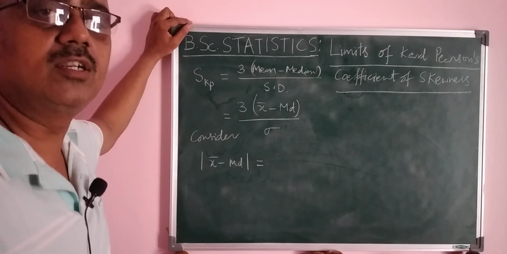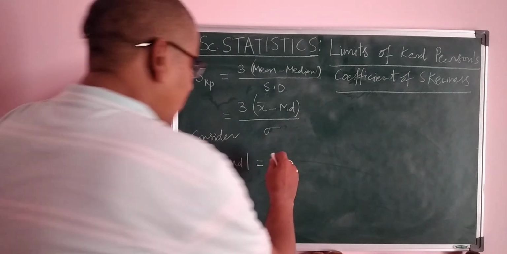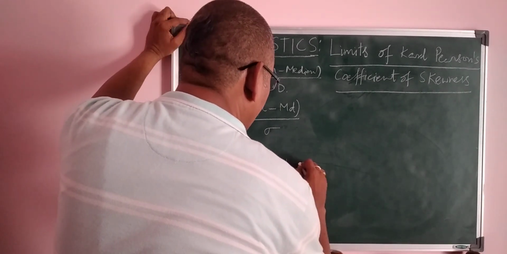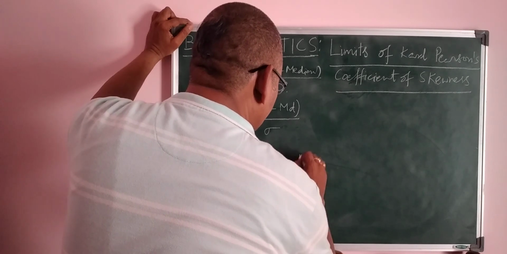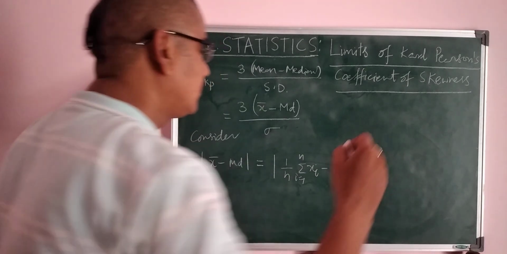This is the result I am considering, in which I write the formula of x bar. What is the formula of x bar? 1 by n summation i is equal to 1 to n xi minus median, right?